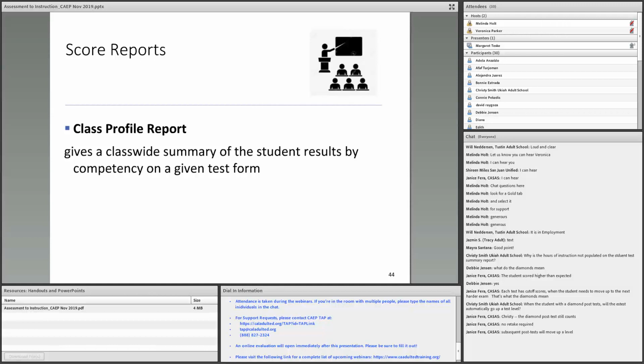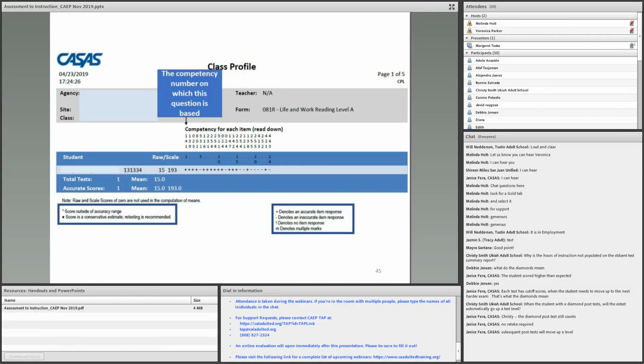Okay. A class profile report is also very helpful for teachers. The class profile report gives a competency for each test item, and it tells you, for this class, for instance, there was a mean score of 15 out of, I believe, 15 items.